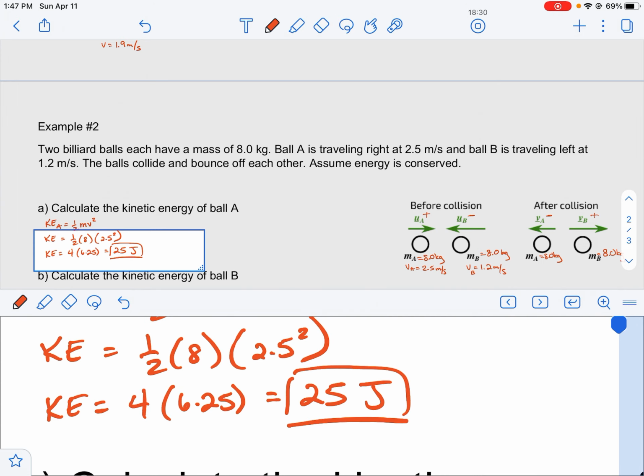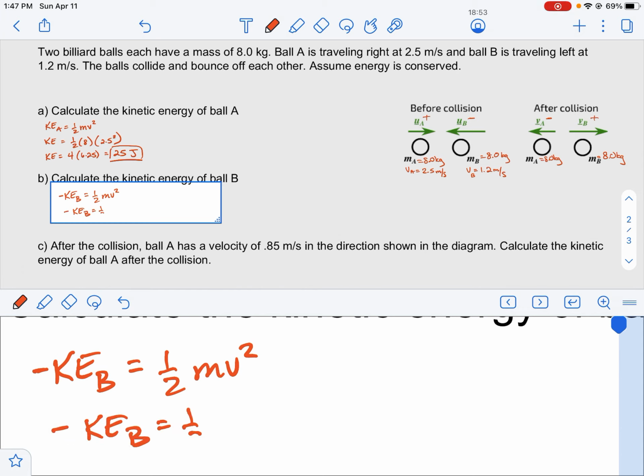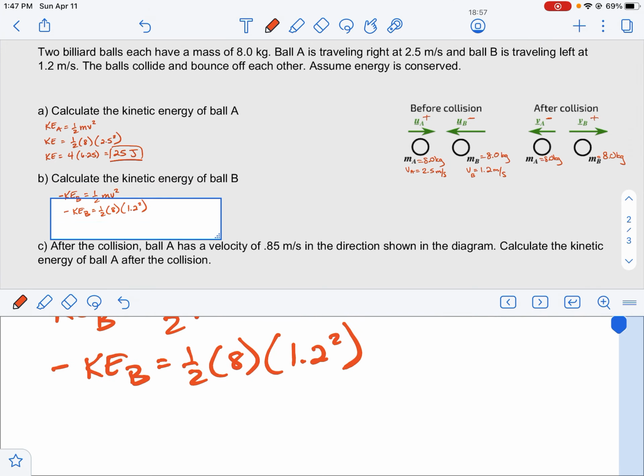Okay. All right, part B says calculate the kinetic energy of ball B. Okay, so the kinetic energy of B is going to be 1/2 mv squared. But we do need to note that it's in an opposite direction, so we're going to call this negative. All right, so I should come out with a negative answer here. So kinetic energy of B is going to be 1/2 times 8 times 1.2 squared.